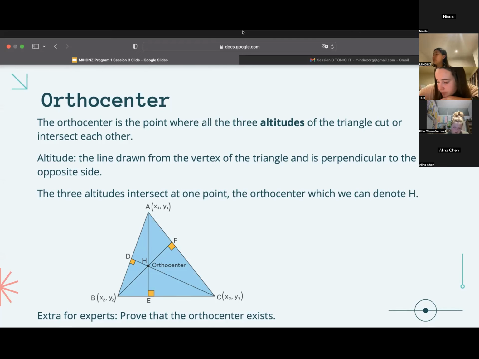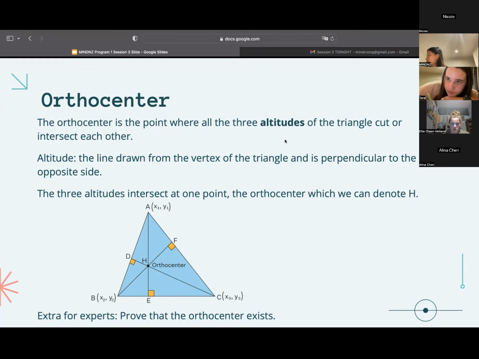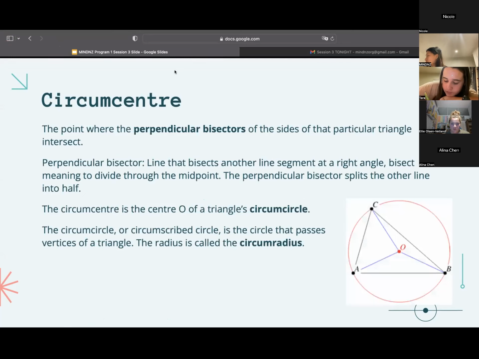Okay, so I think we can move on from the orthocenter now. The next one is probably the thing that we see most in these problems, and that is the circumcenter. The circumcenter is the point where the perpendicular bisectors of the sides of the triangle intersect.